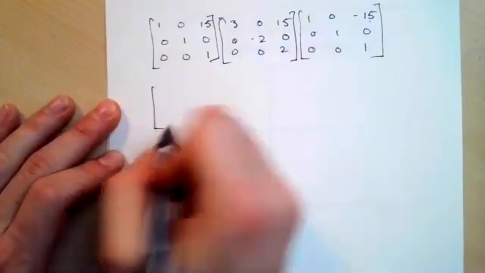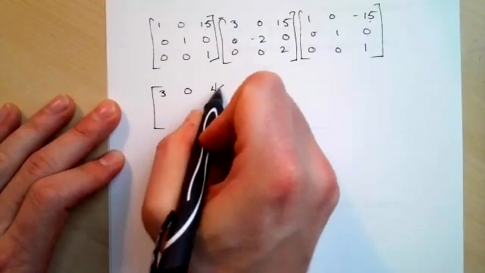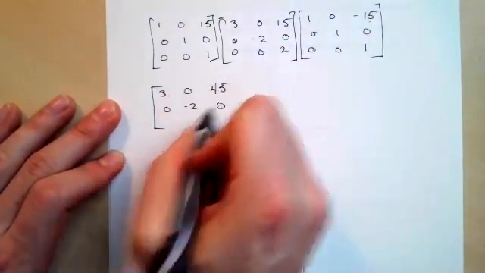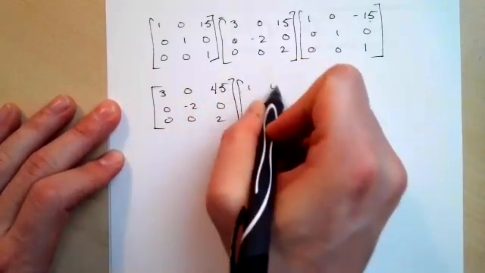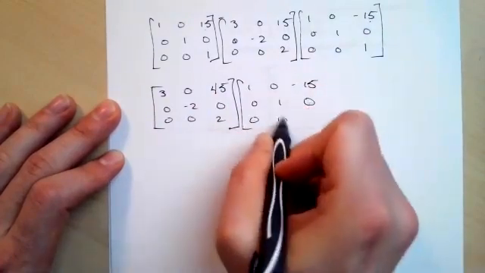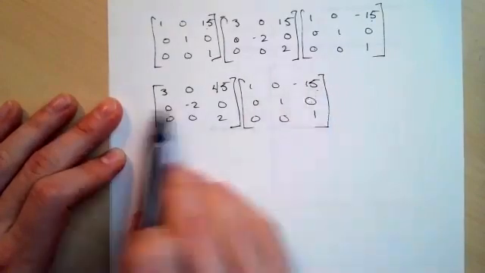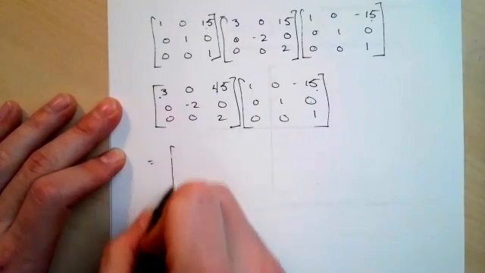So multiplying it out, if we did the first two, we'll have 30 plus 15. And now column operations, we'll have negative 45 added to 45.